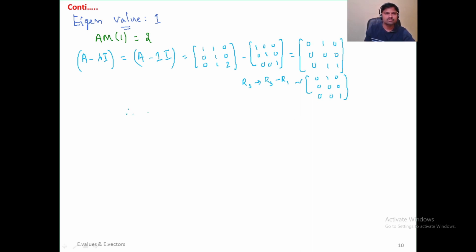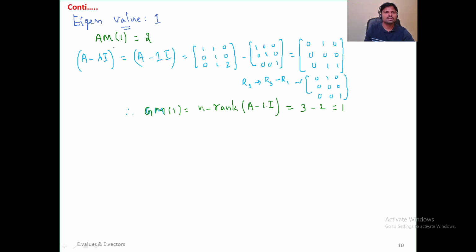Therefore geometric multiplicity of the eigenvalue 1 is nothing but n minus rank of, or simply nullity also, A minus lambda I, where lambda is 1, so 1 into I. Which is nothing but n means here 3, A is of order 3 by 3, so n is 3, minus rank of A minus I. So this is the matrix. What is the number of non-zero rows here? 2. So finally it is 1.